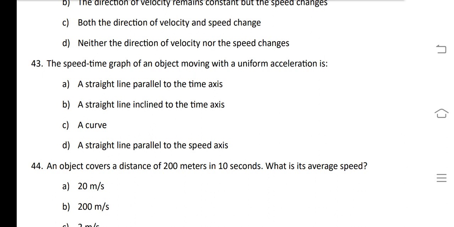In the next question, the speed time graph of an object moving with uniform acceleration is. Speed time graph moving with uniform acceleration is straight line inclined to the time axis.